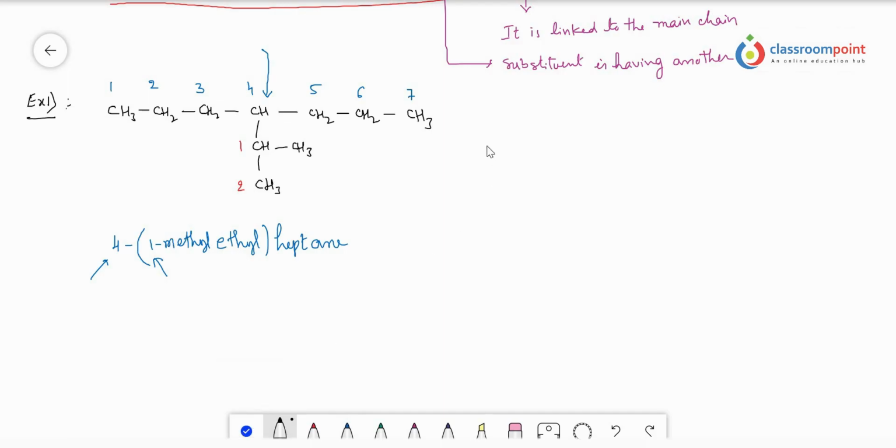Now let us take one more example. Example 2. In example 2 we shall write CH3, CH2, CH2, CH, C, and here I shall write the same complex substituent, CH3, CH3.